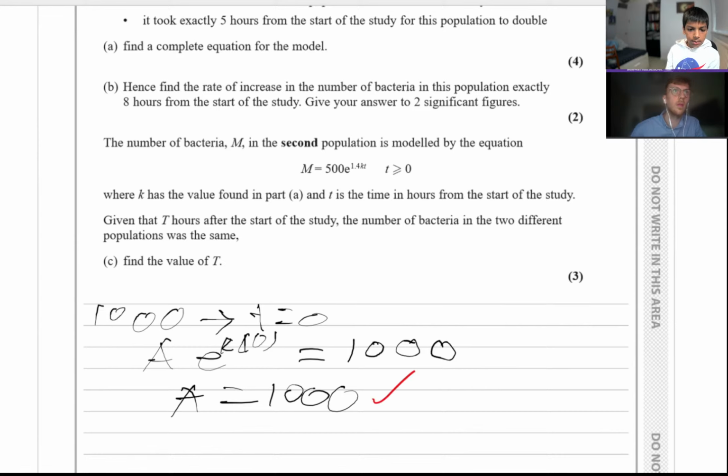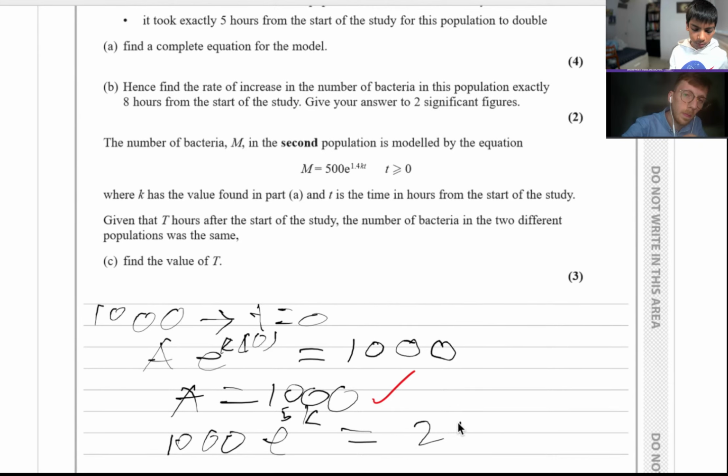And it took exactly 5 hours for the population to double. So 1,000 times e to the power of 5k is 2 times 1,000, which is 2,000.